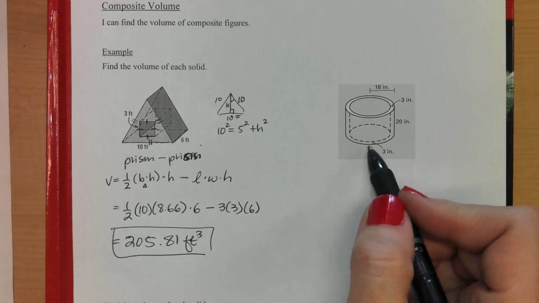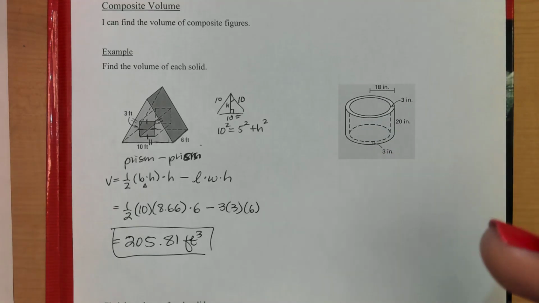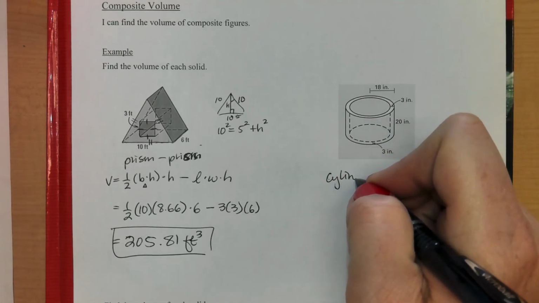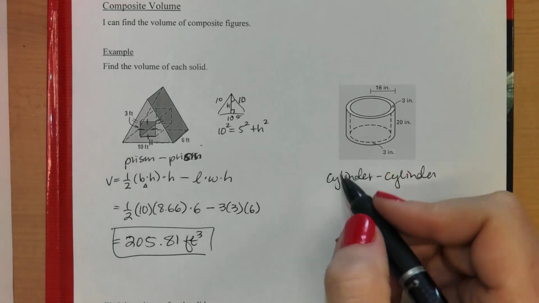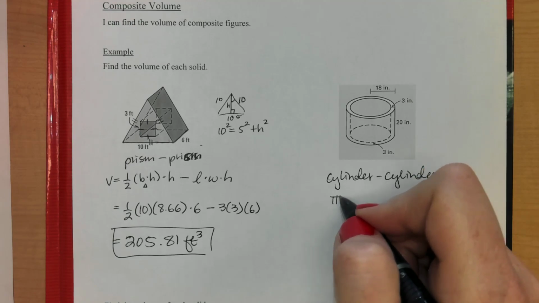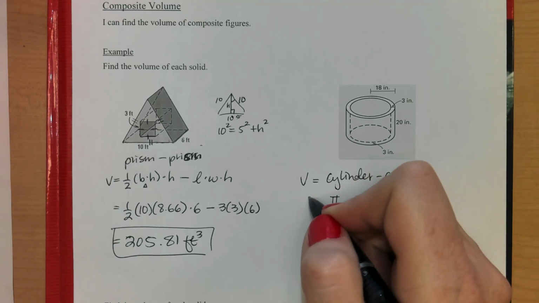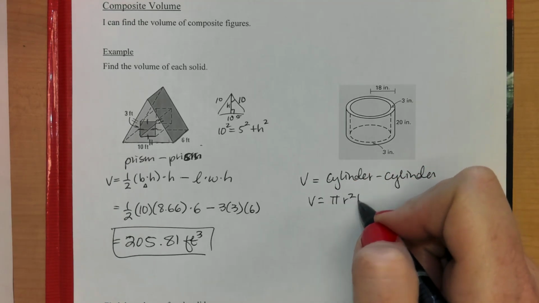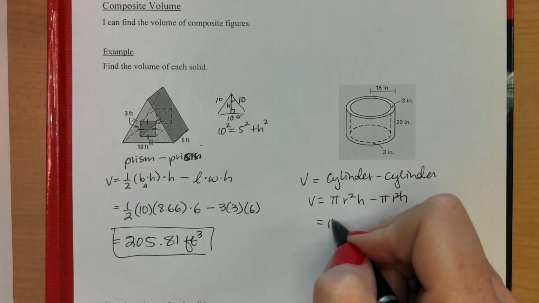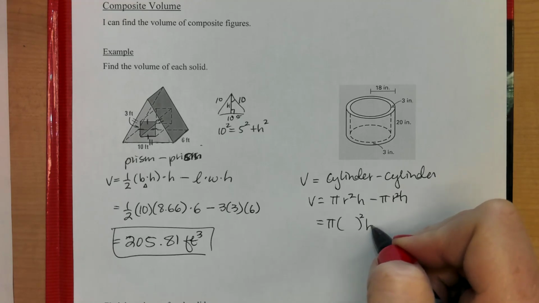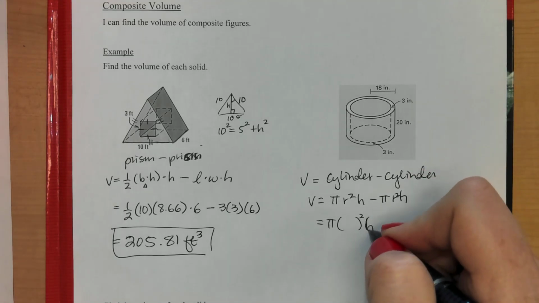Next up I have a cylinder, and inside of it we're cutting out another cylinder. So we have a cylinder and we subtract the one on the inside. The formula for volume of a cylinder is pi r squared h, and then we subtract out the other one. We need to make sure we use the radius of the big circle first.